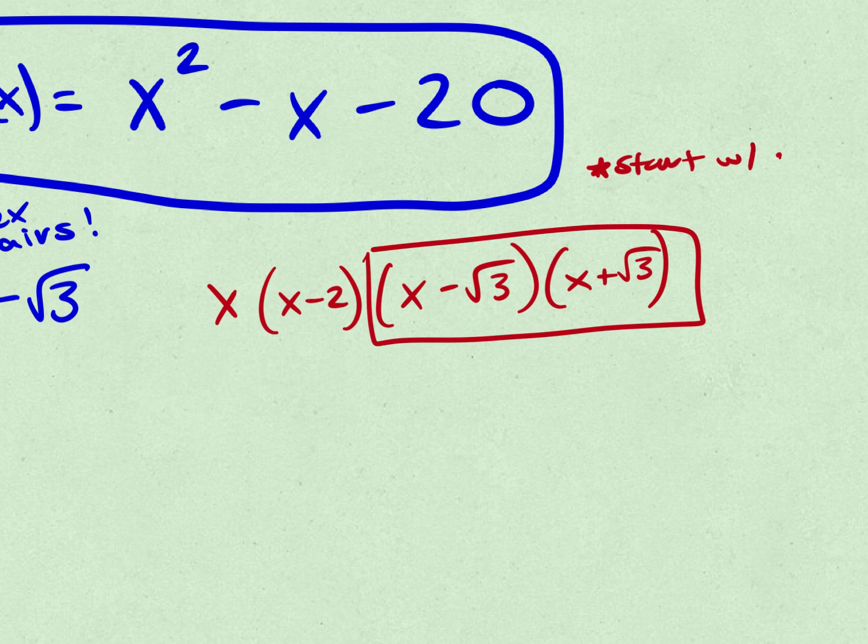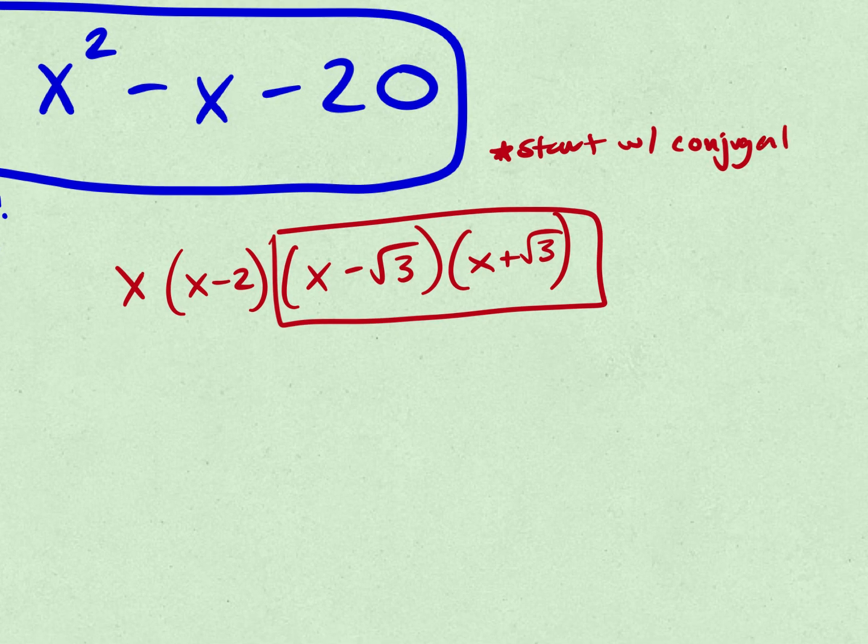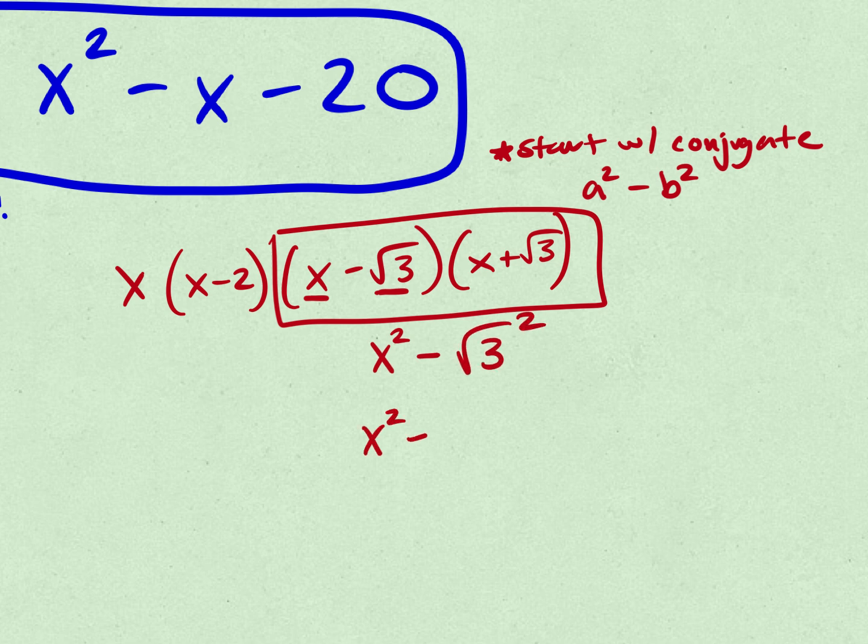Does anybody know what the conjugate shortcut is? A squared minus b squared. So x would just be our a, and square root 3 would be our b. So this would be x squared minus square root 3 squared. So x squared minus 3. Perfect. Square root and squared will cancel.